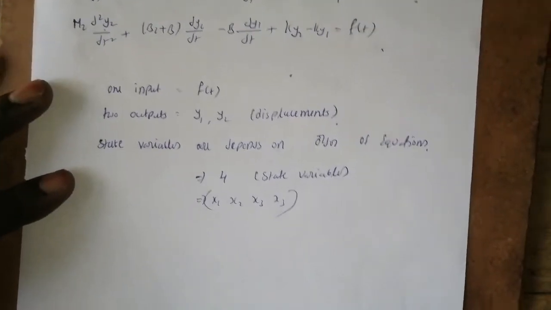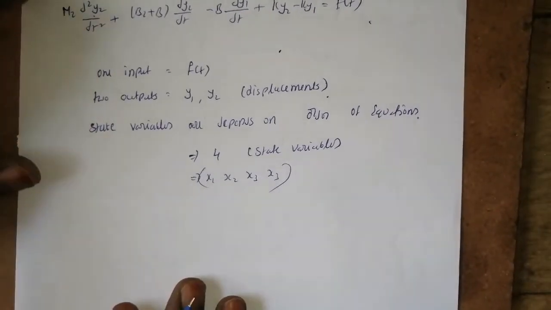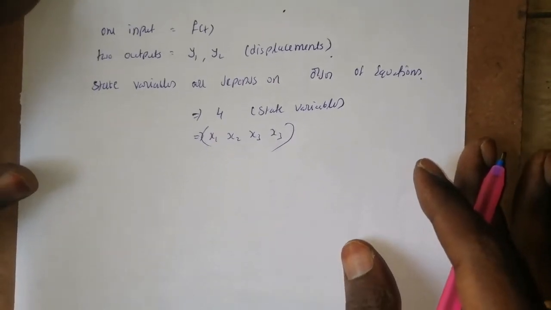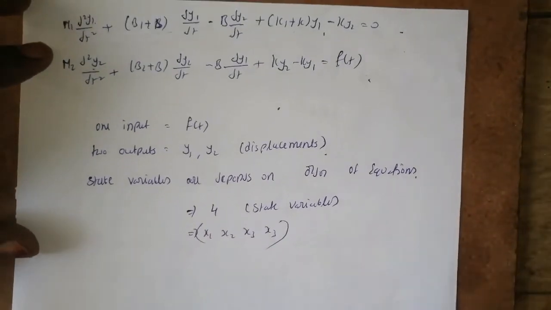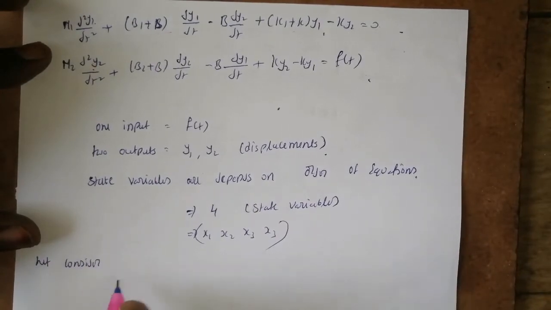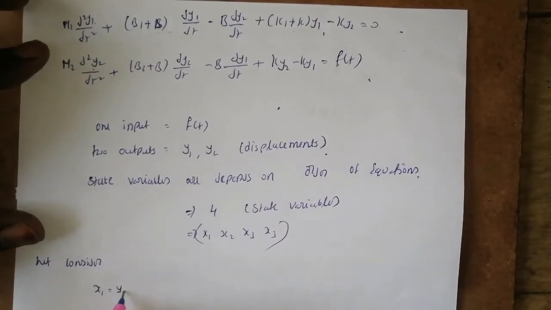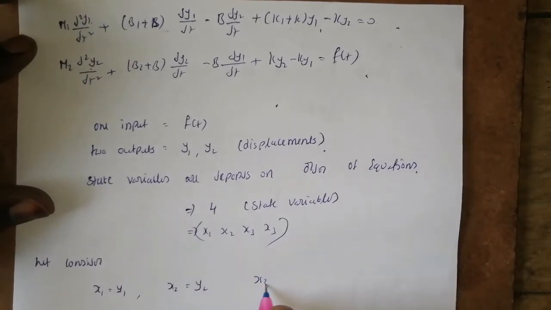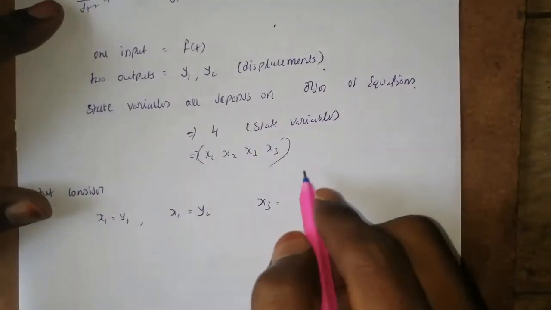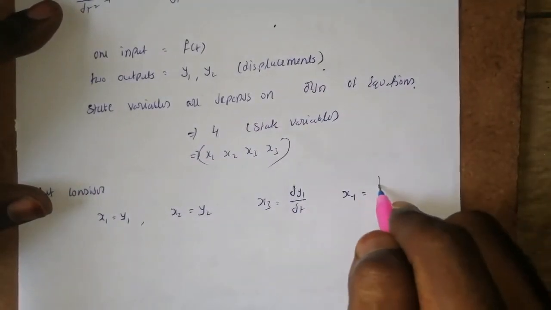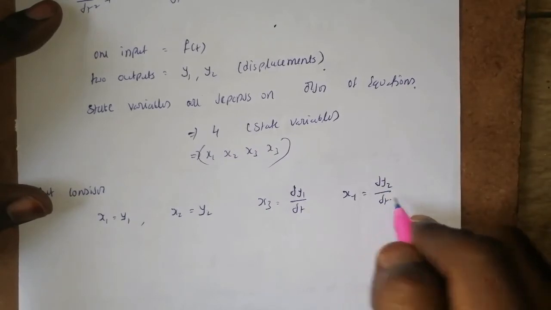Now we have to proceed. We have to make some assumptions for forming the state model. Let us consider x1 equals y1, x2 equals y2, x3 equals dy1 by dt, x4 equals dy2 by dt.